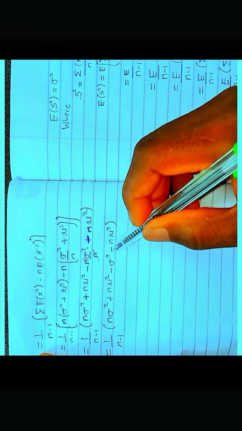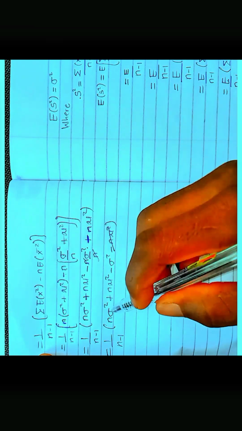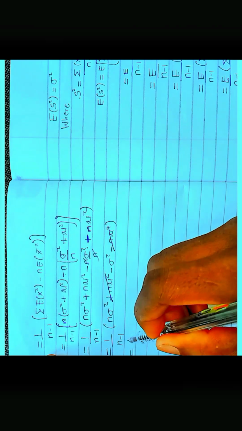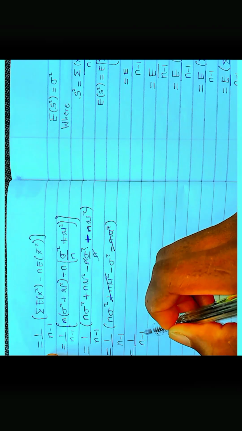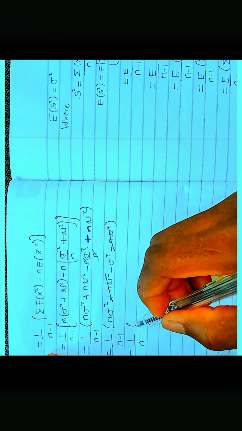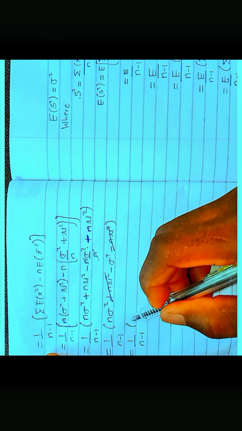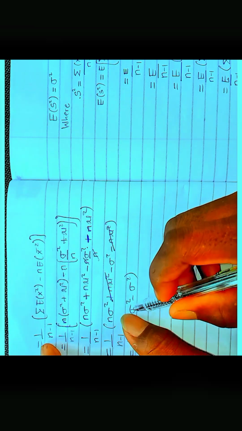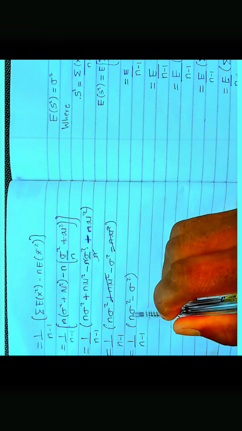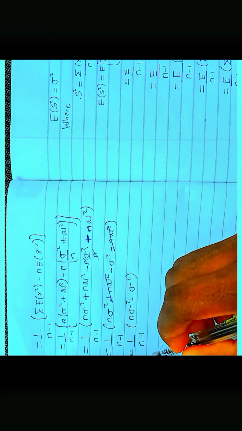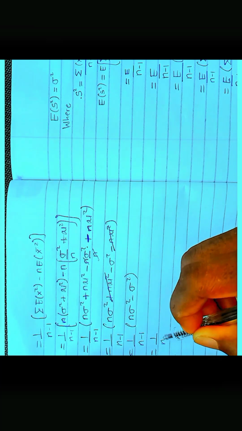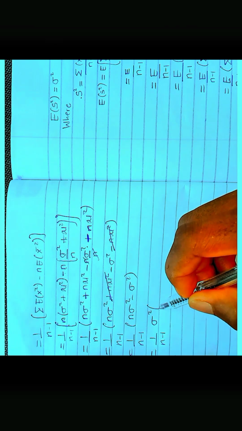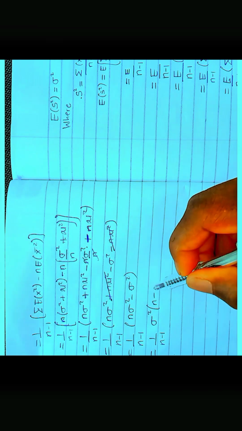So now you can see some terms can cancel out. This can cancel out this, then left with this. So you now have your expression to now be equal to 1 over n minus 1 bracket n sigma squared minus sigma squared, where if you factorize out sigma squared, since they are having sigma squared in common, you have it to be 1 over n minus 1 sigma squared bracket n minus 1.